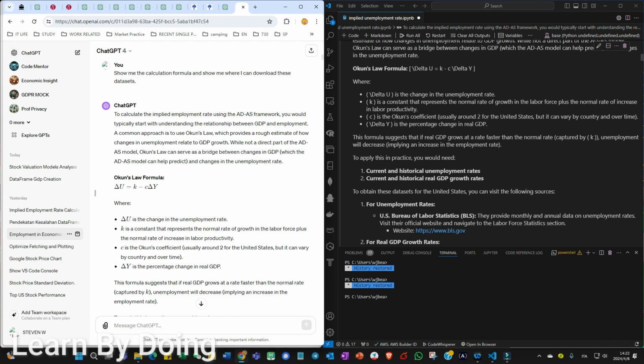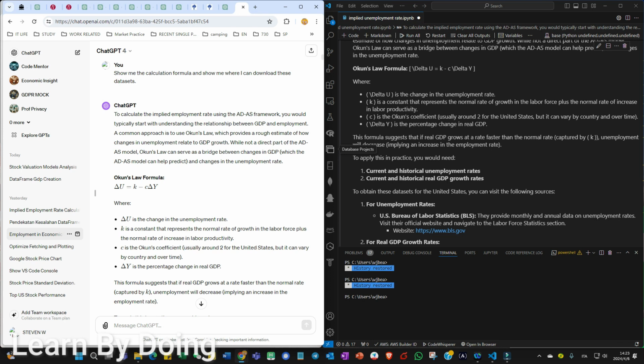As you can see, the formula is here. There is a change in the unemployment rate, a constant, and a coefficient C. It also gives me a reference coefficient of 2 for the United States.